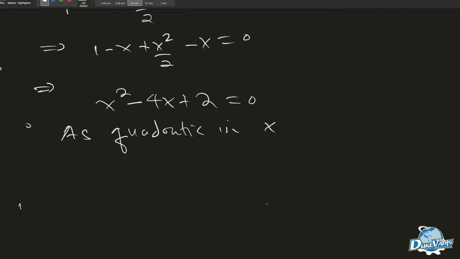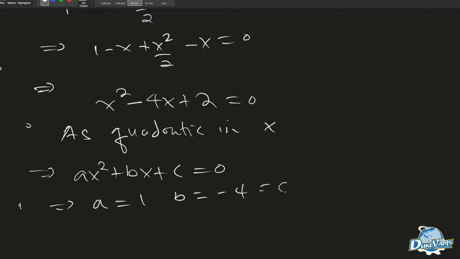Yeah, that's quadratic in x. So what do we do? Simple. If we compare it to our normal quadratic equation, which is ax² + bx + c = 0, over here we have a equals 1, b equals -4, c equals 2.